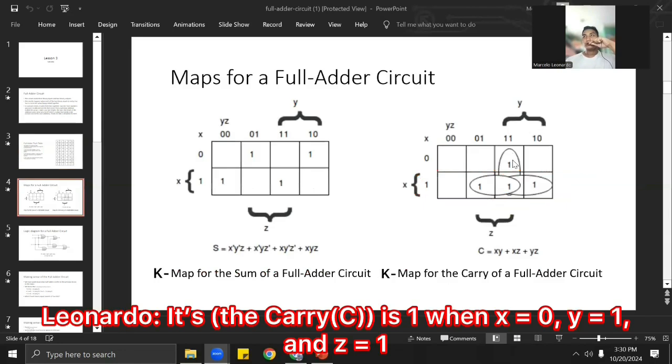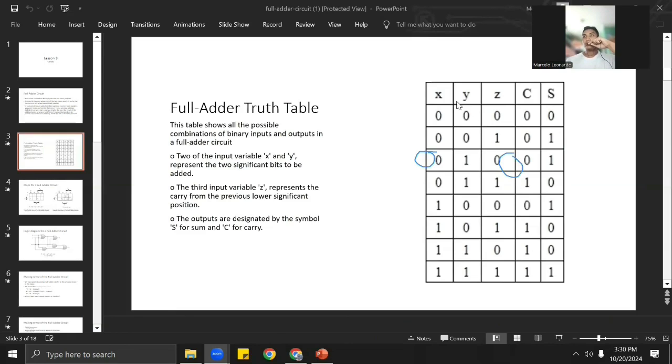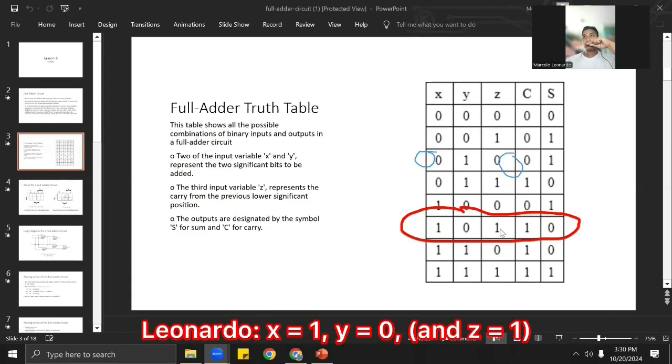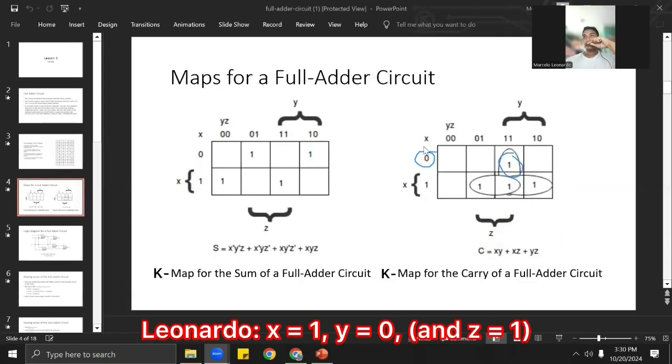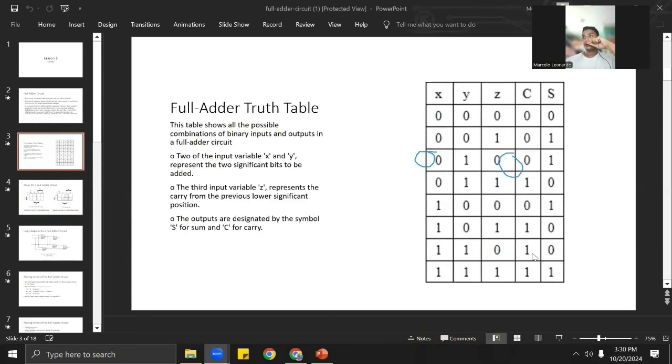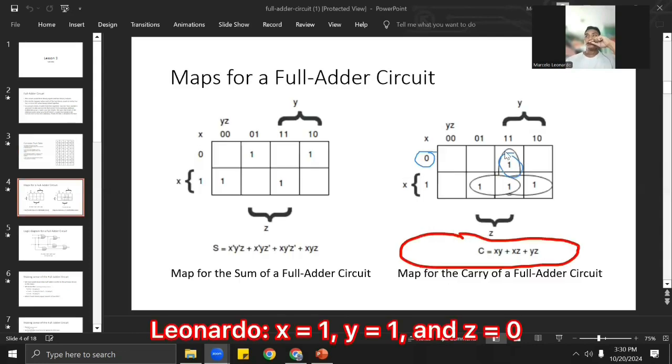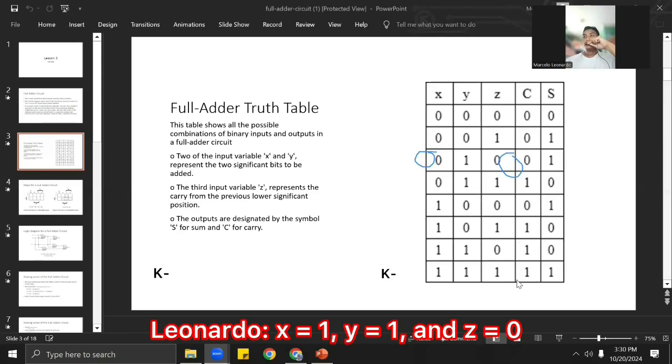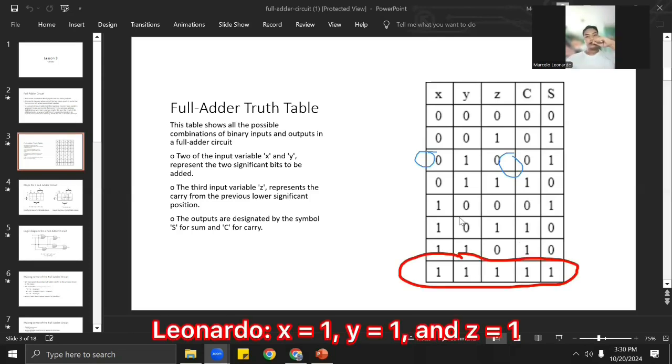Ito. X is 1, yz is 0. Xy is equal to 1, z is equal to 1. Then pinakalas, XYZ is equal to 1.